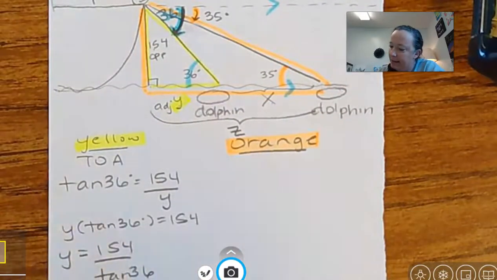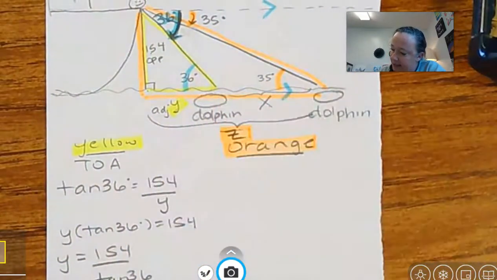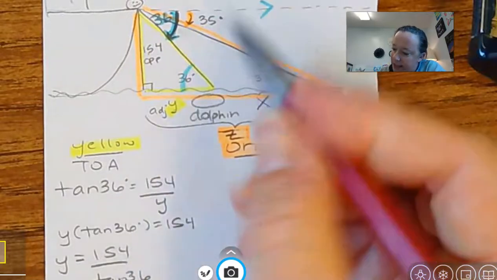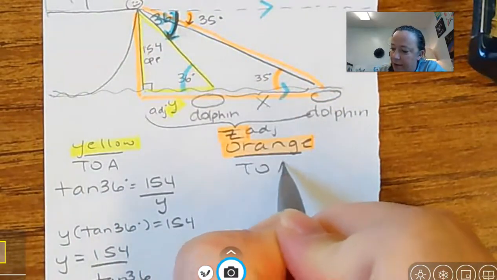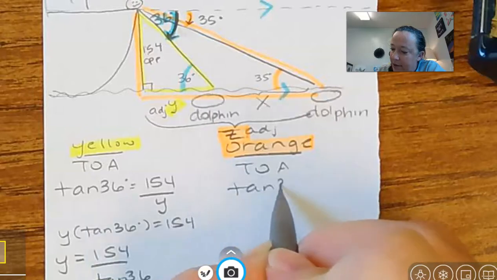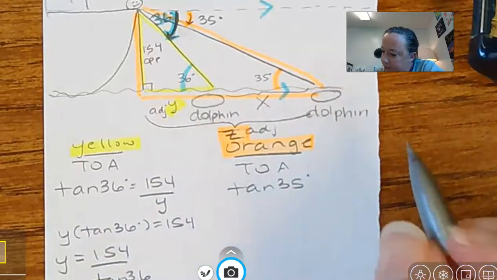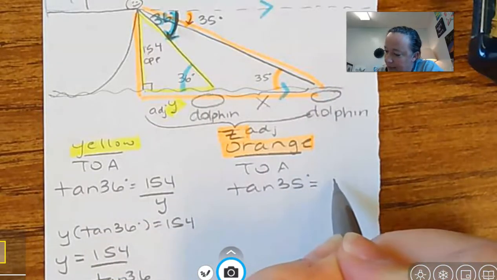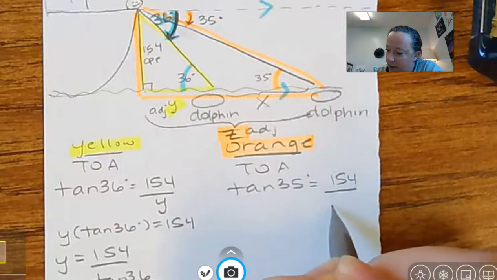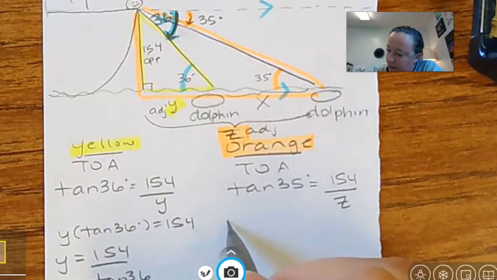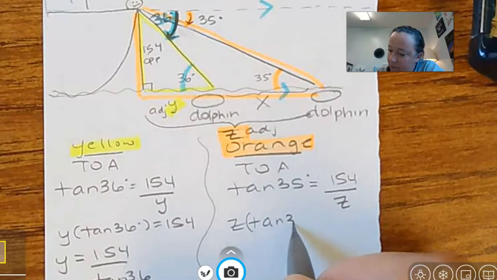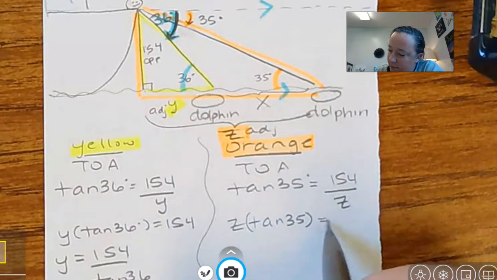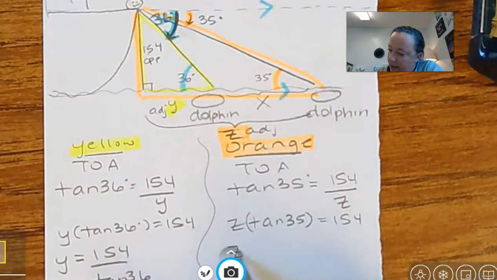Let me highlight the z, which is the adjacent. And we know the opposite. So TOA, tan of 35 degrees equals opposite 154 over z. Cross multiply. Divide by tan 35.